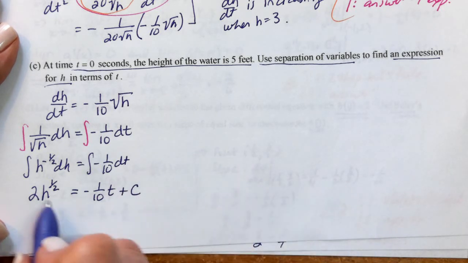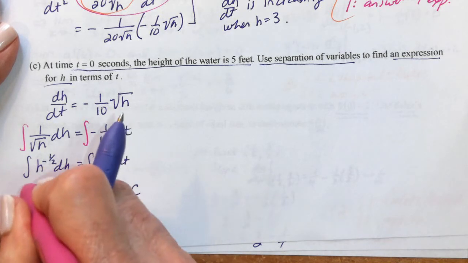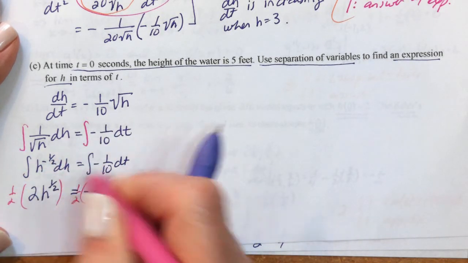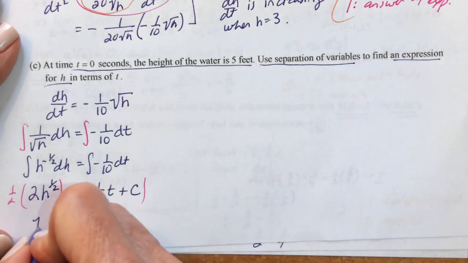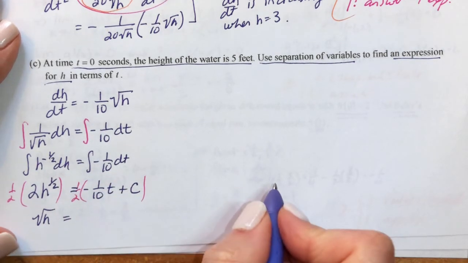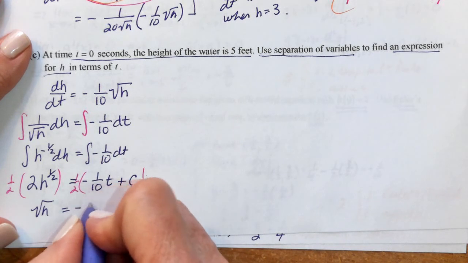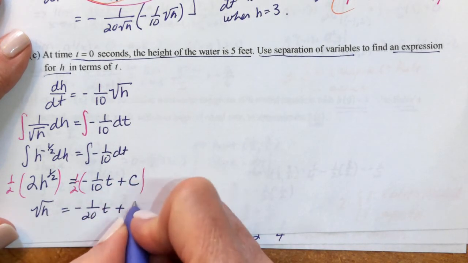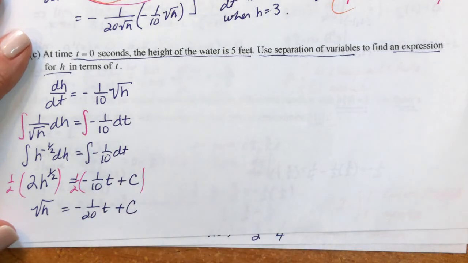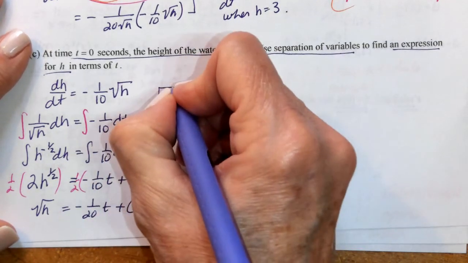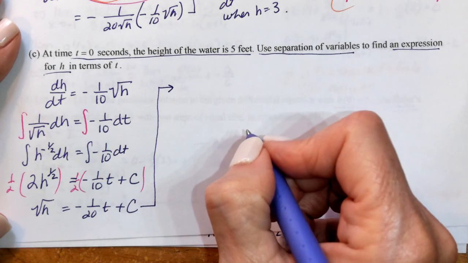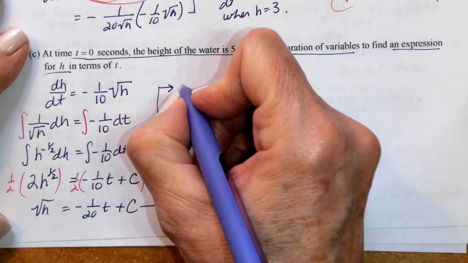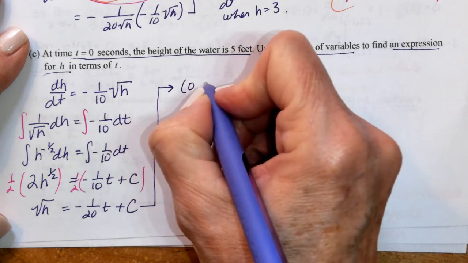Okay. Now I'm going to multiply both sides by a half. So on this side I'm going to have square root of h. On this side I'm going to have a negative 1 over 20 t plus half of c, which is just another constant, right? I think that this is probably a nice time to plug in. So I'm plugging in the point 0 seconds, 5 feet.